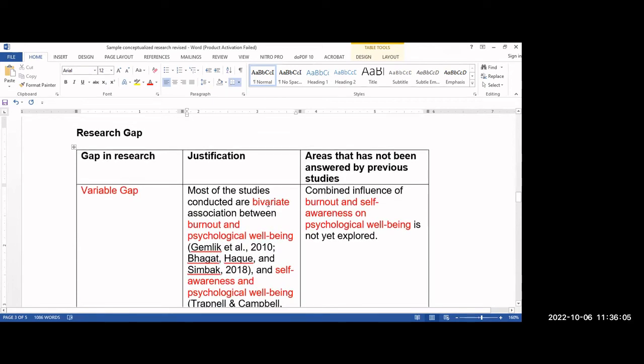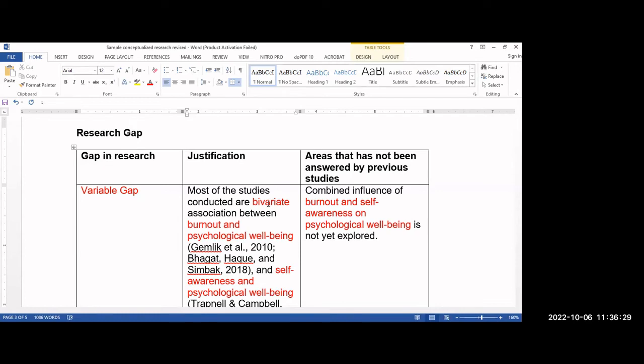So meaning, when we talk about research gap, it will entail a knowledge claim which leads you to conduct a study to determine which among these independent variables or factors best predict psychological well-being. Kasi in the previous study, predictors naman talaga sila. They are associated.